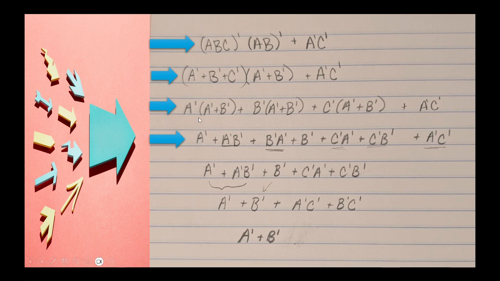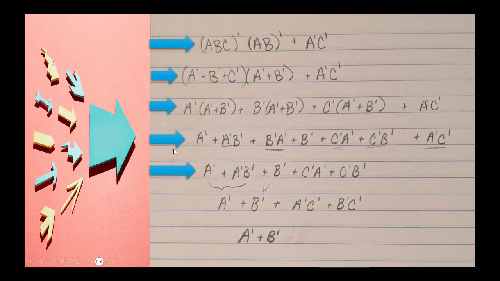So right here, everything got distributed, and I noticed there were multiples of things. When you have multiples of the same term, you only need one. They kind of absorb each other, like saying one or one, it's still one. So that's what happened here.